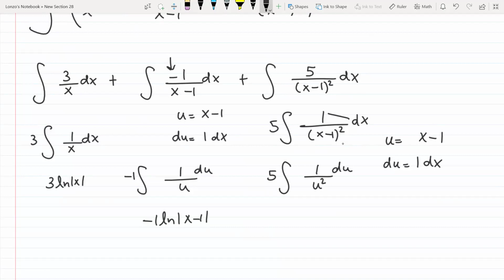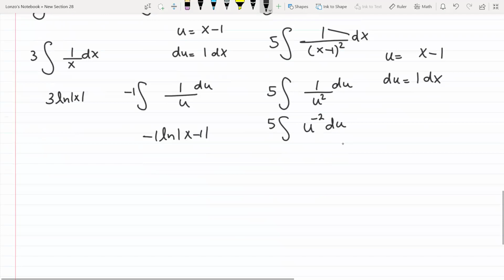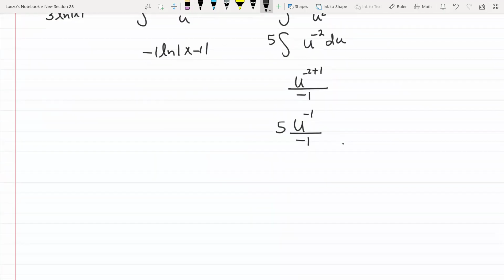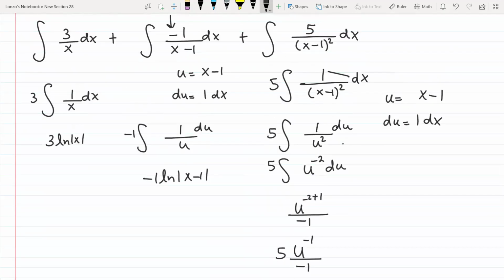And then you still have this 5. And then 1 over u squared is the same thing as u to the negative 2 du. The integration of u to the negative 2 would be u to the negative 1 over negative 1 times 5. So that's negative 5 over u, which is x minus 1.